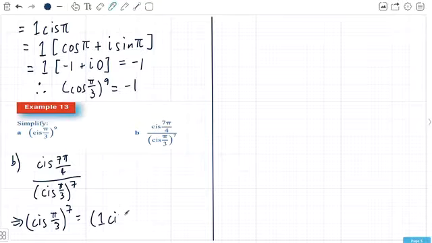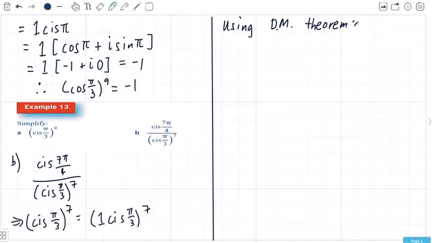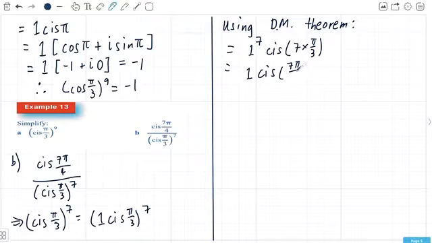So 1 cis pi on 3, just putting the 1 out the front. Using De Moivre's theorem, I'm going to have that that's equal to 1 to the power of 7 cis 7 times pi on 3, which equals 1 cis 7 pi on 3.